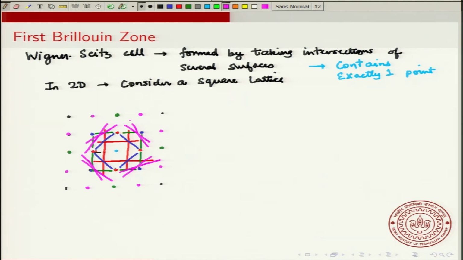Now, you ask what is the intersection of all these, and the answer you will get is this. This is the intersection of all these, and this intersection is called the Wigner-Seitz cell, and this is also called the first Brillouin zone.